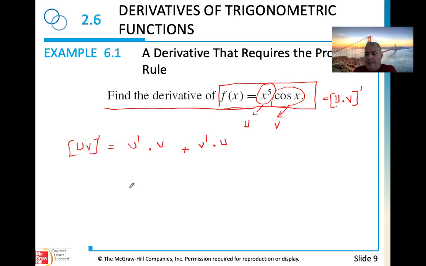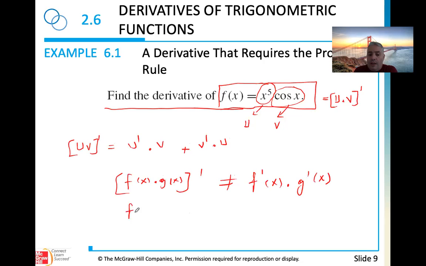I underlined this fact before. The derivative of f of x times g of x is not equal to f prime of x times g prime of x. This is wrong. Or the derivative of f of x over g of x is not equal to f prime of x over g prime of x.